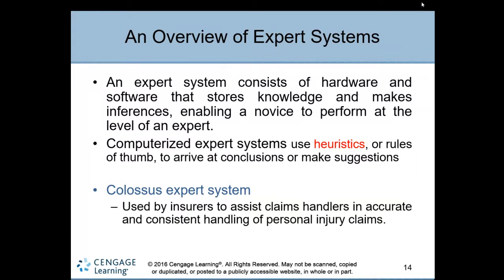That's a computerized expert system. For example, there is an insurance system, the Colossus expert system, used by insurers to assist claims handlers in accurate and consistent handling of personal injury claims. Mostly an injured person needs to claim, right?